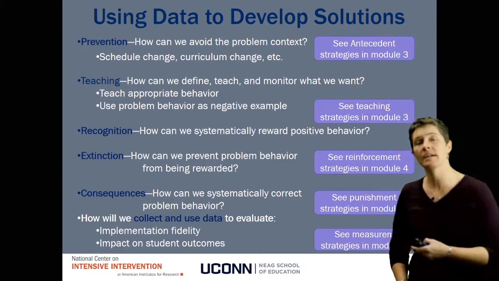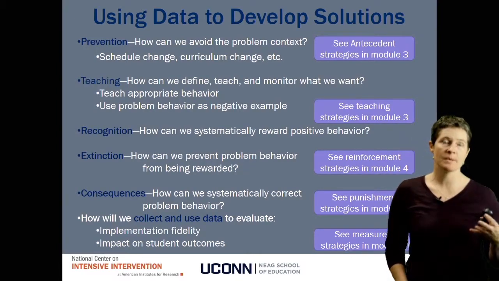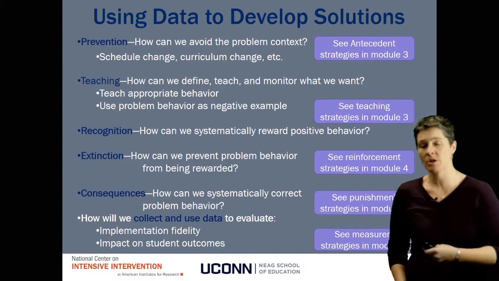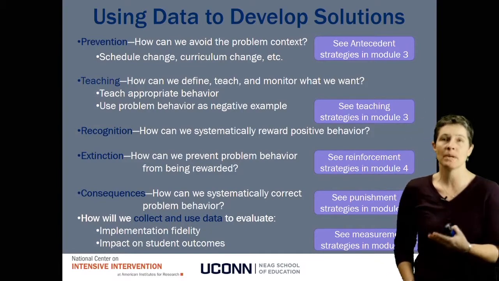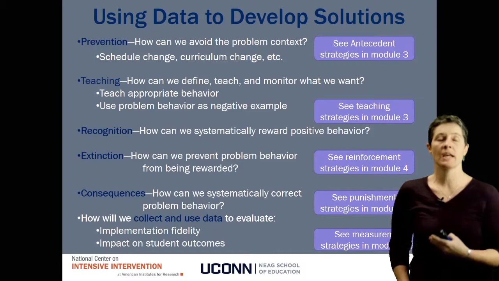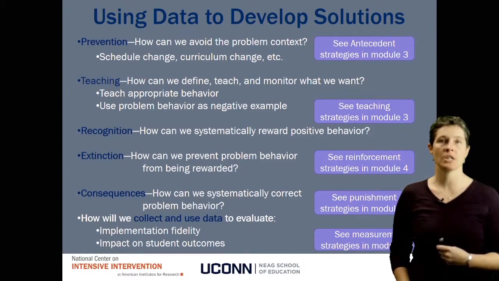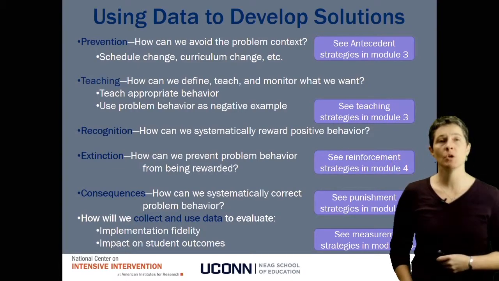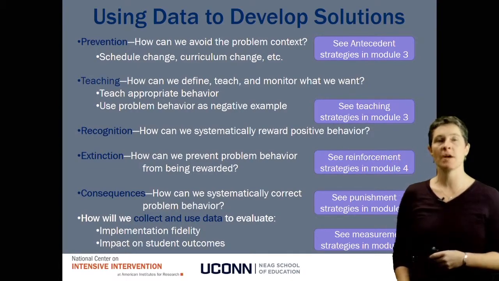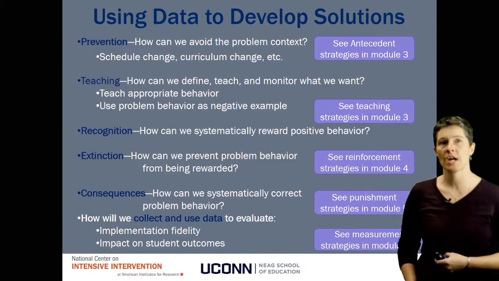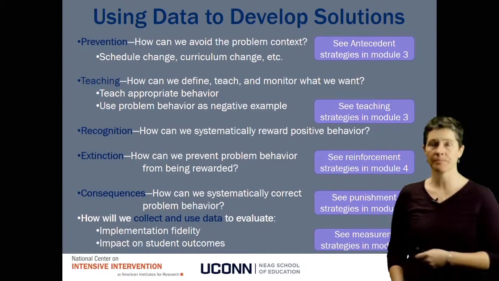Am I calling on kids when they are off task? Am I giving them attention for things I maybe shouldn't be, inadvertently reinforcing something? If so, I need to put that particular behavior on extinction and no longer provide reinforcement for it. If that sounds new to you, or you still have some questions about that, go back and see those reinforcement strategies that we talked about in Module 4.